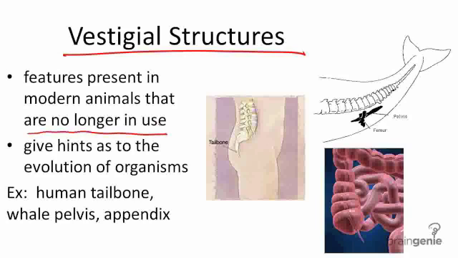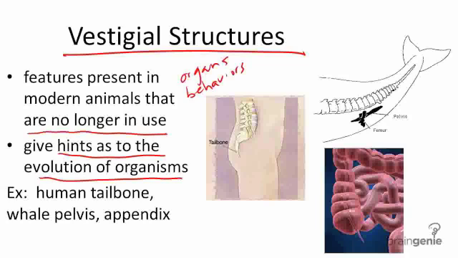These can be organs, behaviors, neurological pathways, and many disappear during the development of an embryo. The most important thing we learn from vestigial structures is that they give major hints as to the evolution of organisms or the evolutionary history of the organism. Let's go through a few examples.